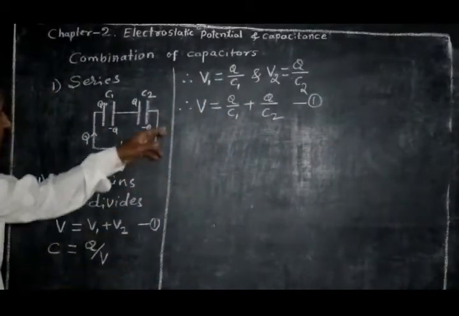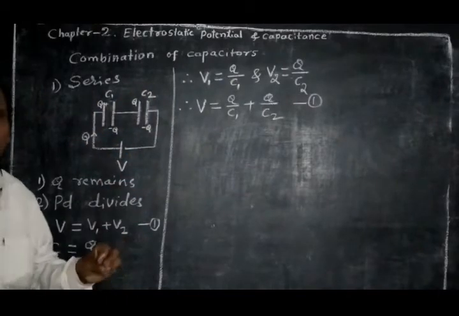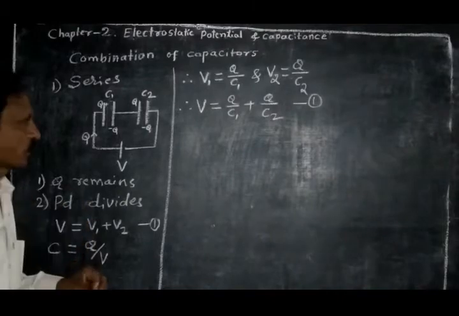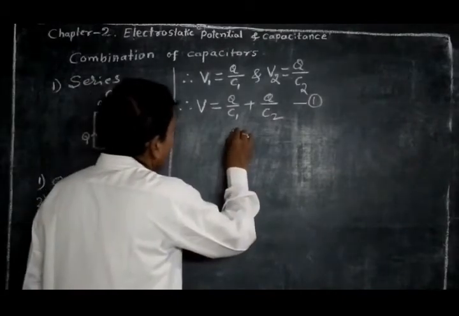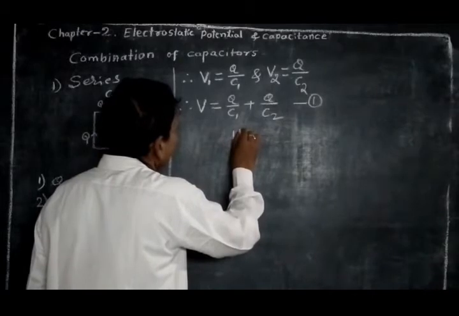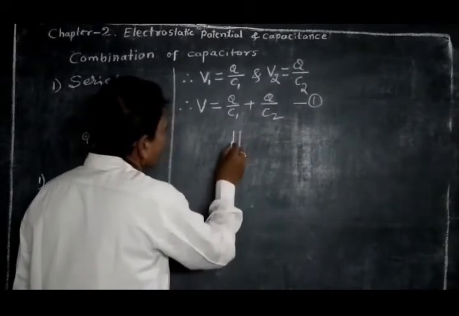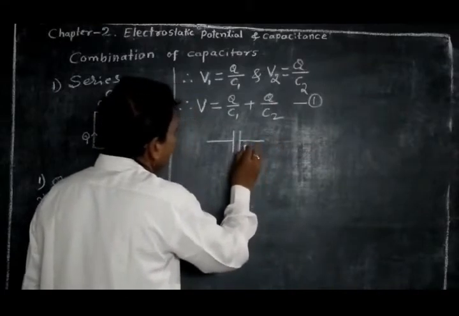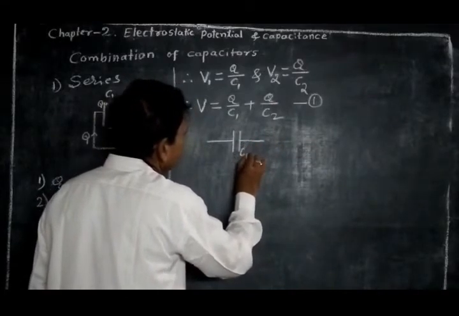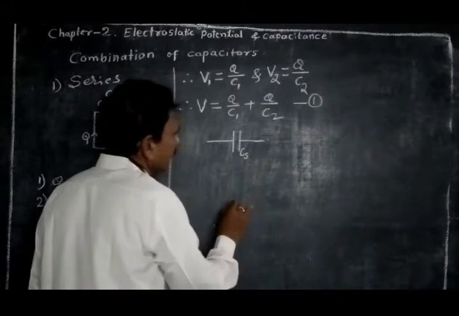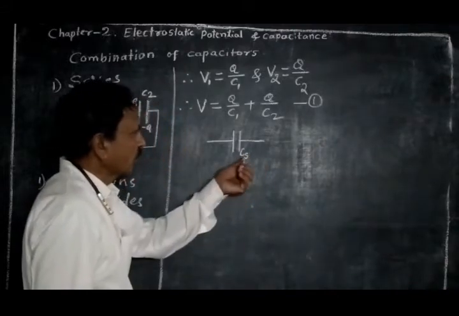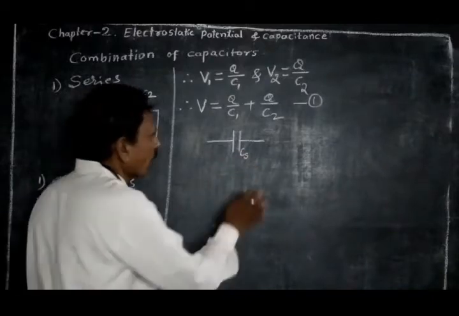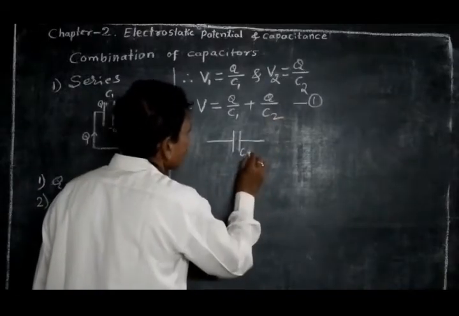Now this combination is replaced by an equivalent capacitor of capacitance CS. Consider a single capacitor having capacitance CS, with suffix S. CS is the equivalent capacitance in series combination, or you can represent it as CE.